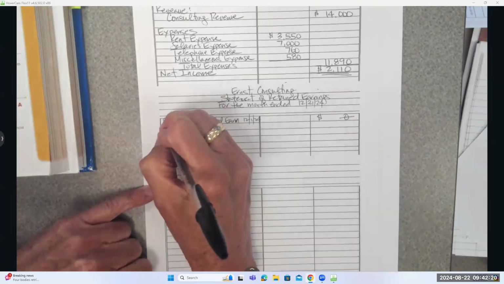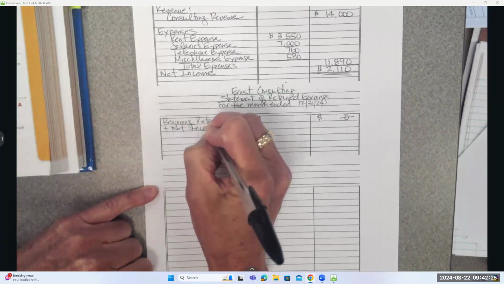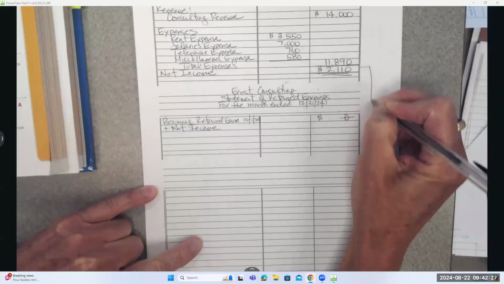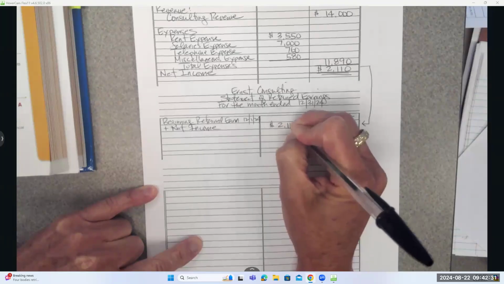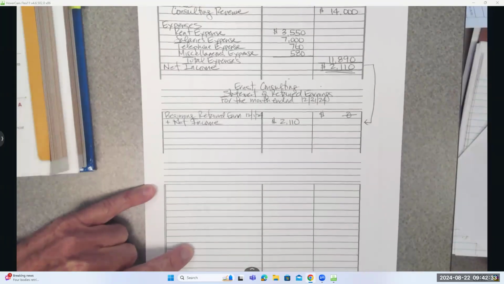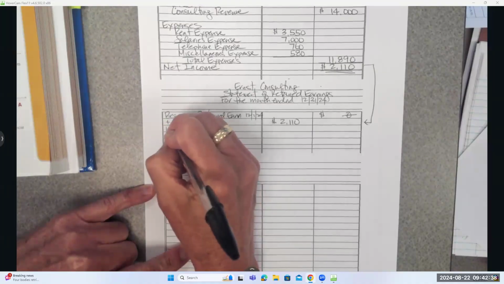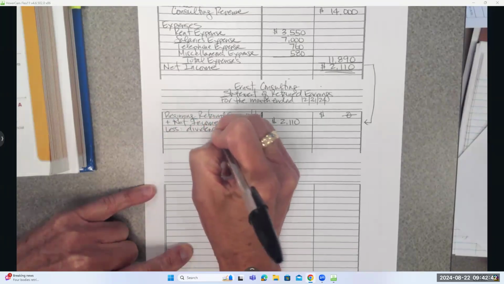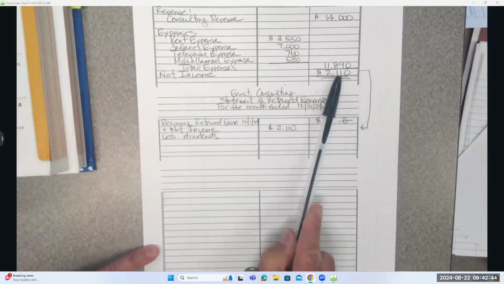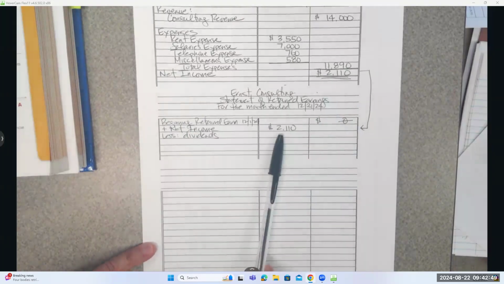And we'll put plus net income, and this number comes down from here. 2,110. Less dividends, because usually dividends are paid from the net income. So if we take the net income minus the dividends, that will give us what we retained or what we kept.